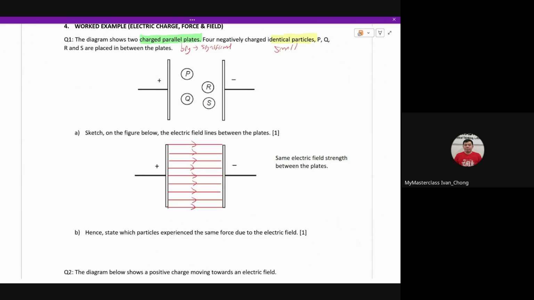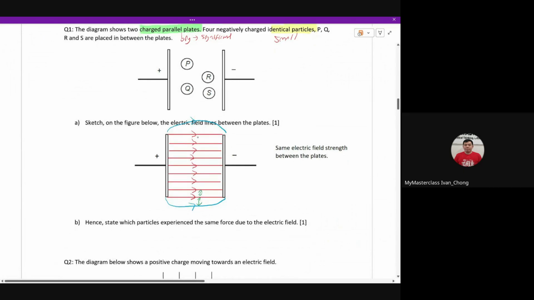If it's the edge, it will curve. Because you curve, your distance is no longer the same. You actually are further apart. So the field strength at the edge will actually be weaker than the ones in between the two metal plates itself. Do take note, you only need the red color part, the blue color part is for understanding.